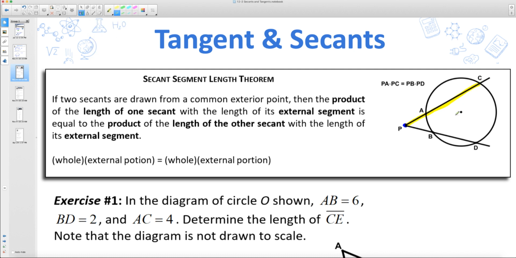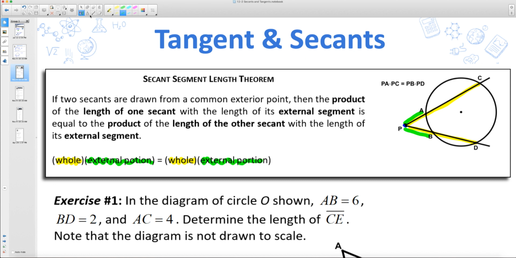PC is the whole secant, PA is the external portion, PD is the whole secant, PB is the external segment. So when I think about it, it's the whole secant times that external portion is equal to the whole secant times the external portion.